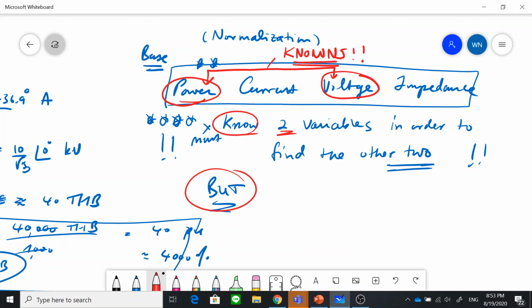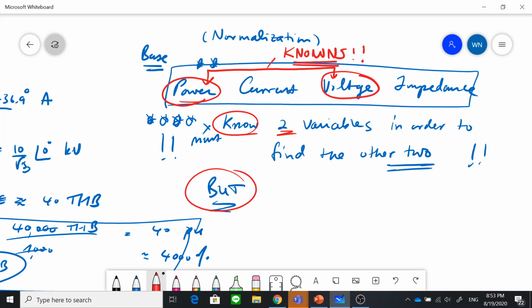Because if you want to get a transformer, you have to specify how big your transformer is, and at which voltage level your transformer is connected. So these two quantities must be specified beforehand, and the current and the impedance can be determined afterwards. So the two quantities must be known.